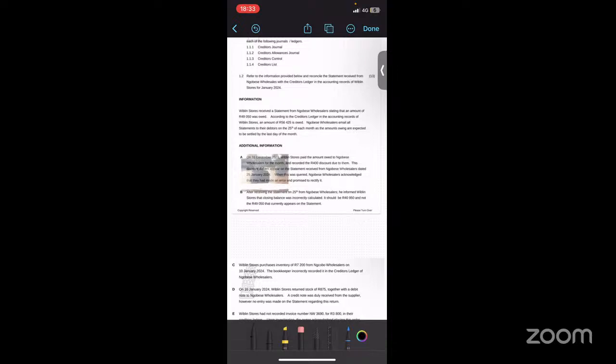This simply means that the statement that we receive will reflect all the money that we should have paid by the end of the month. So if we receive the statement come March, that means we would have to pay the whole amount by the 31st of March, right? So basically that's what it is saying there.